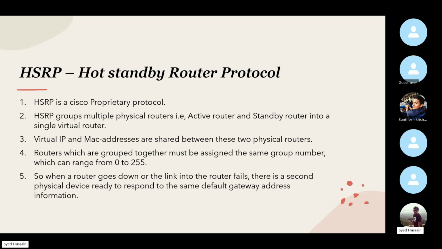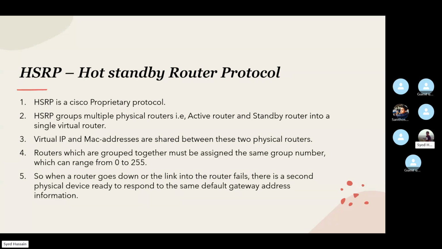The virtual router and the physical routers are grouped with the help of the same number. For example, HSRP 1, HSRP 2, and so on. This is just an example. The range starts from 0 to 255.